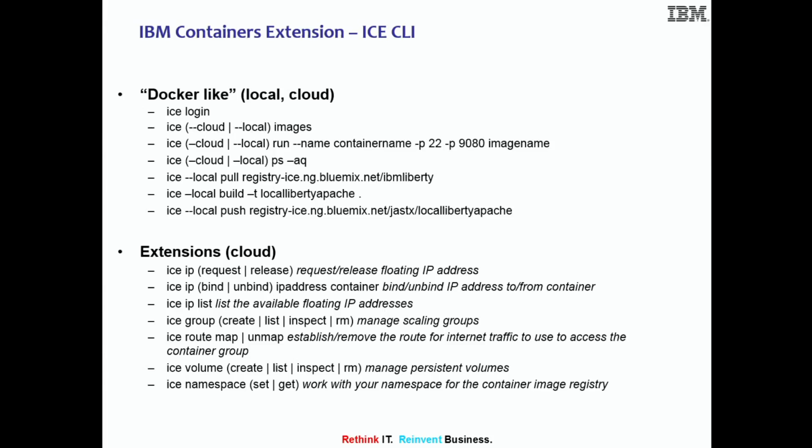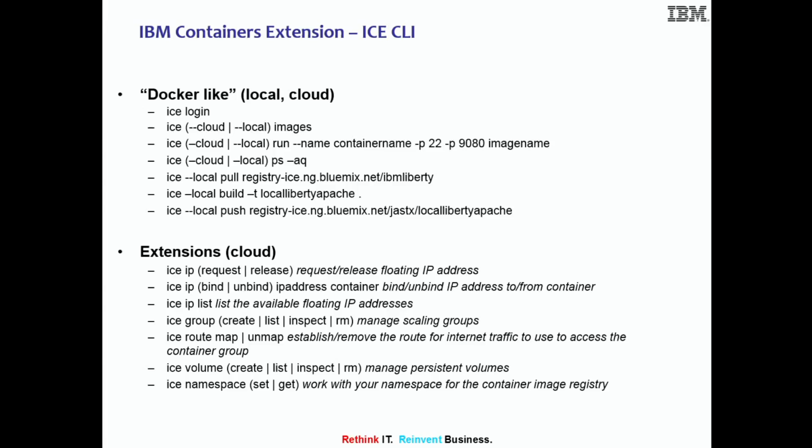We can divide these ICE commands into two groups. One group is Docker-like. These are commands that have the same syntax as Docker commands. For instance, ICE images will tell you what kind of images you have in your Docker registry.